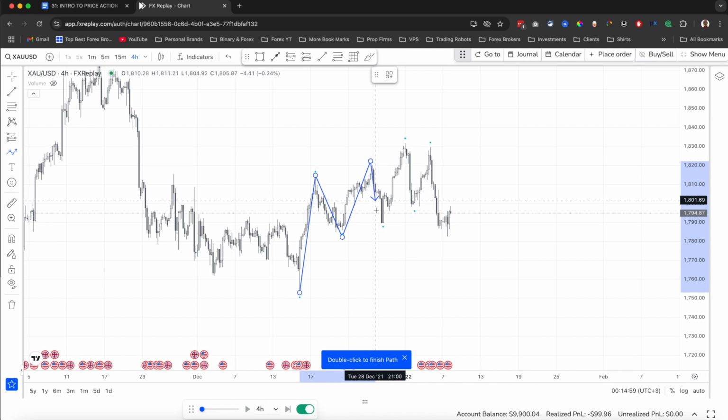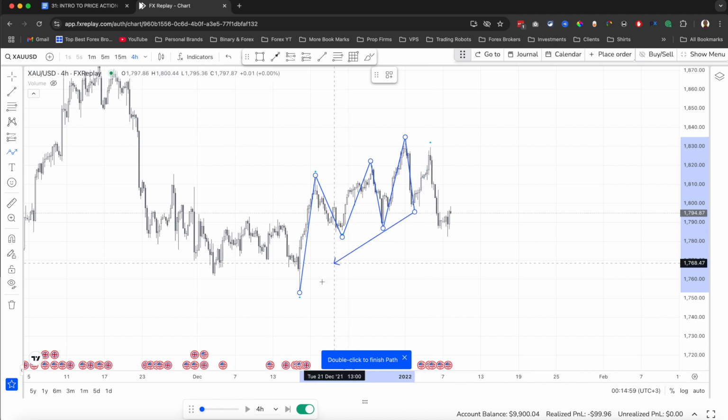This was a trending up market because we see that this high does not take out this low. And we see this low fails to take out this high. So that means there is a possible reversal, right?